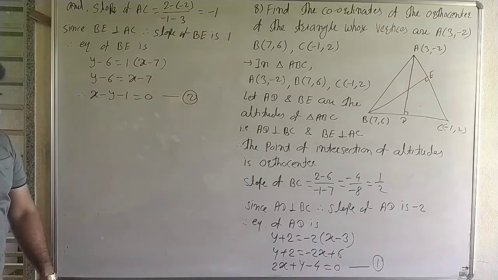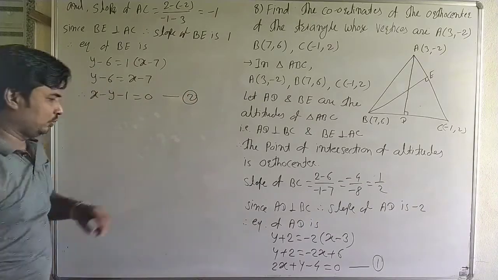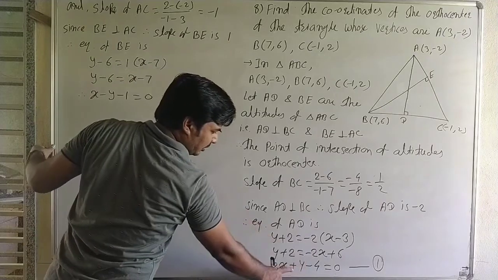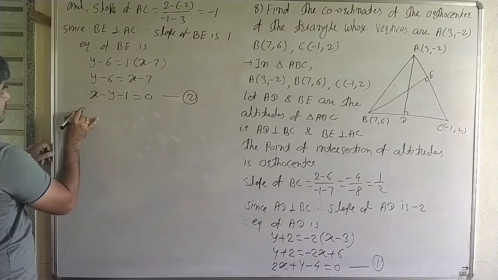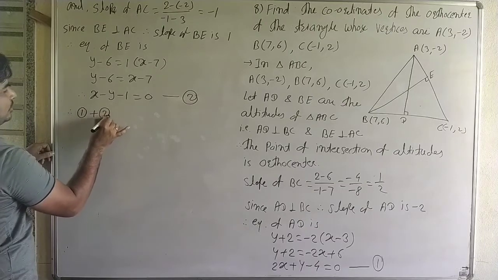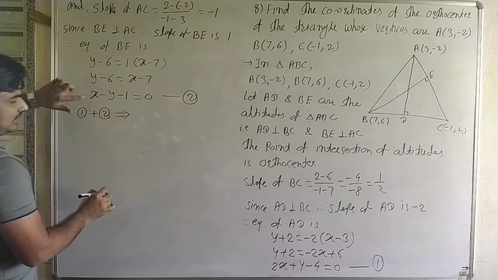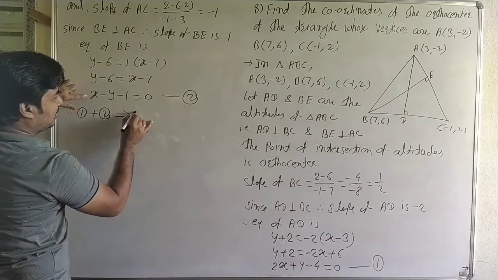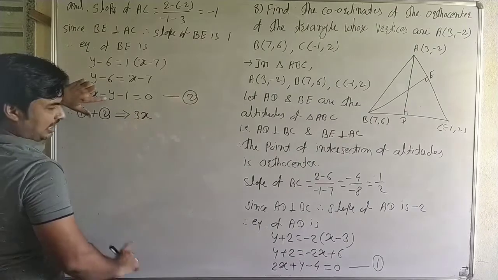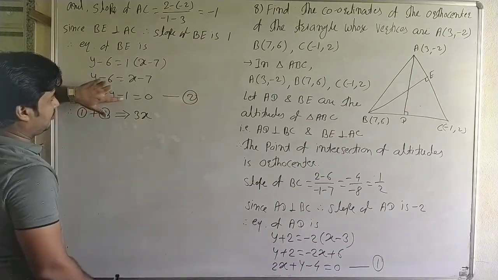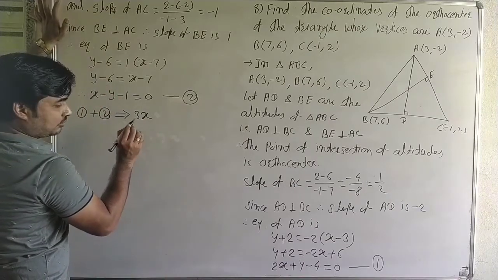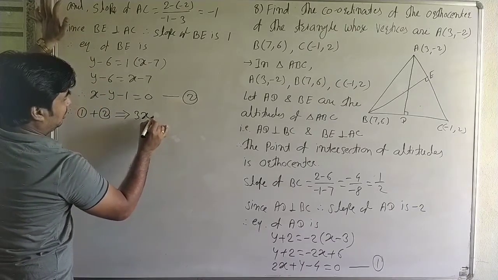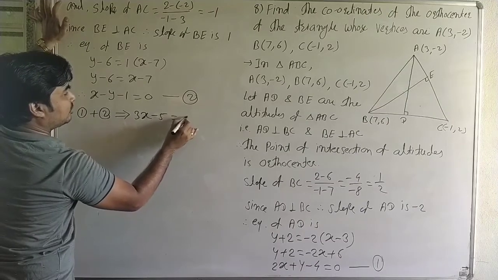Now by solving equation number 1 and 2: in equation 1 there is a plus y and in equation 2 a minus y, therefore we add them. 2x plus x gives 3x, minus y and plus y cancel, -1 and -4 gives -5 equal to 0.